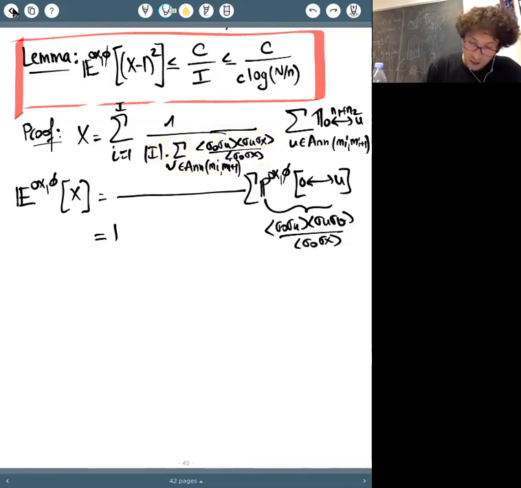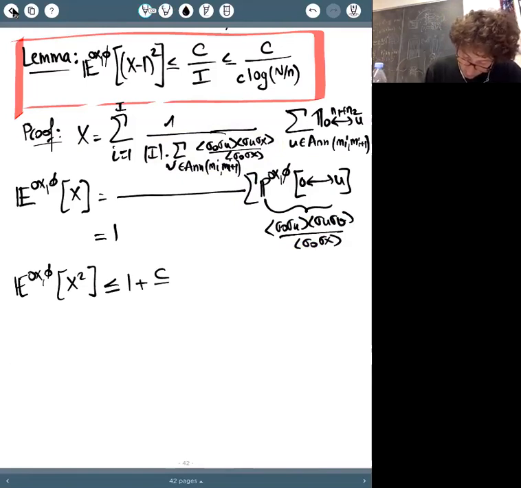Okay, so the only thing I need to prove is that this thing is smaller than 1 plus constant over I. If I can prove that, I have the second moment, I have the concentration.